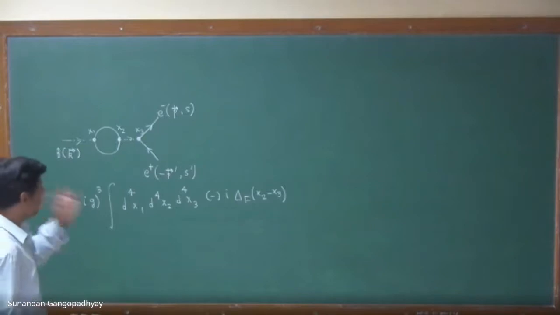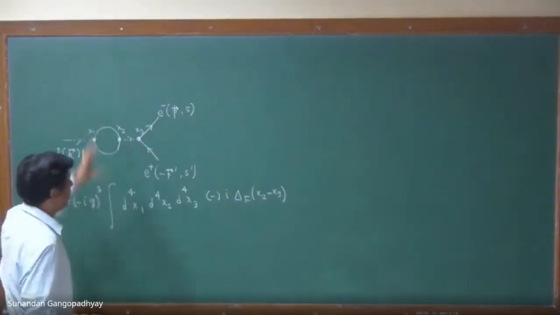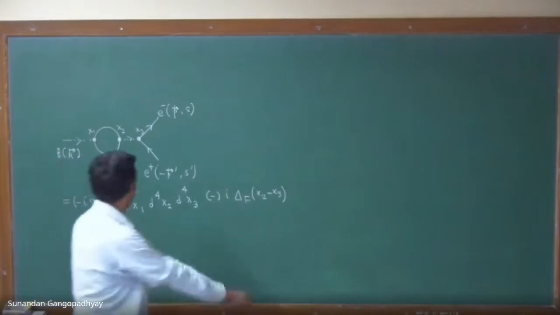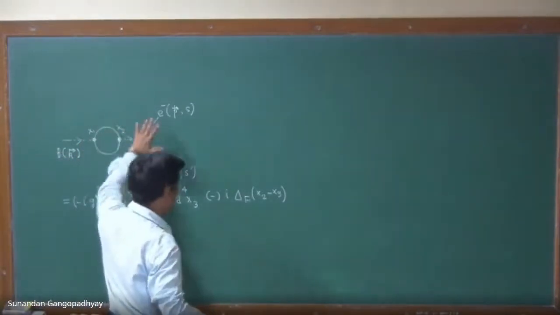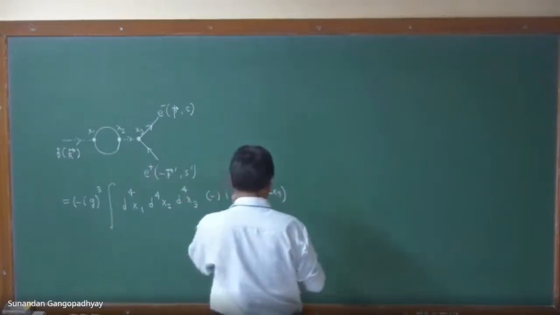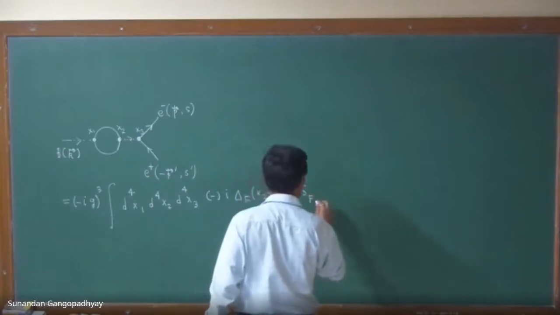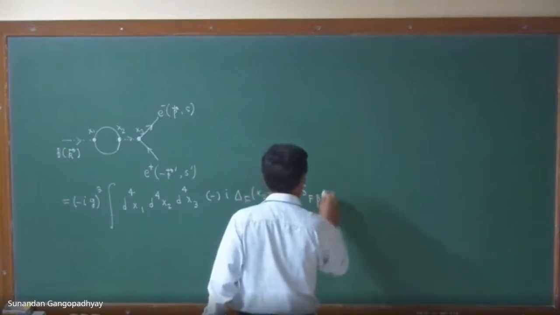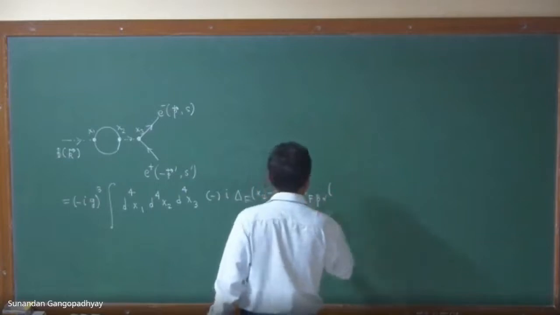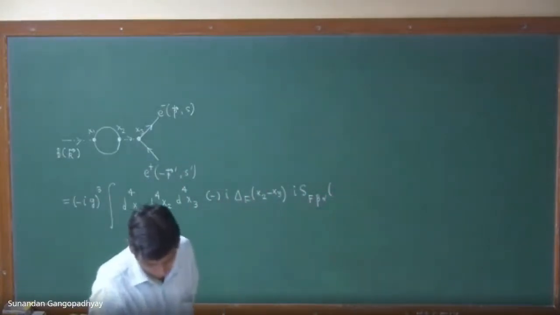So this is the propagator for the real scalar field that arises here. And then we have to worry about the Fermion lines. What I'm doing is writing down the internal part first and also the vertex part. So this will be then i S_F beta alpha.